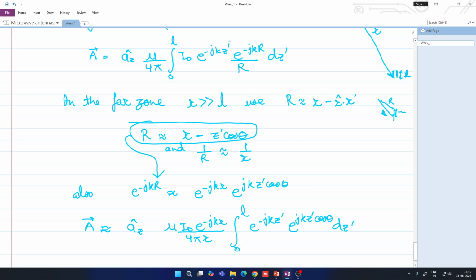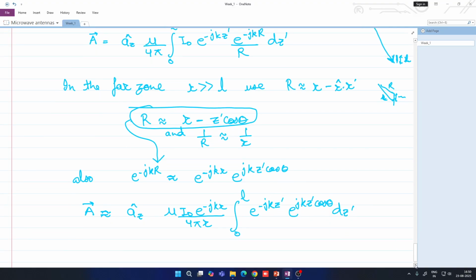What I did here was take out the r component from the integration because it's not related to z prime, and the e to the power minus j k z prime was here. So now we have to solve this integral.